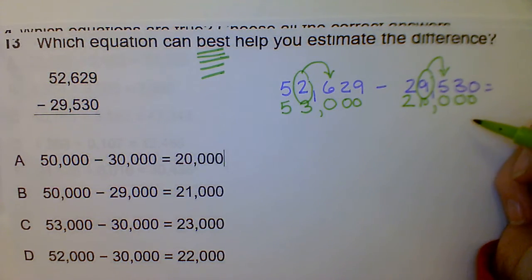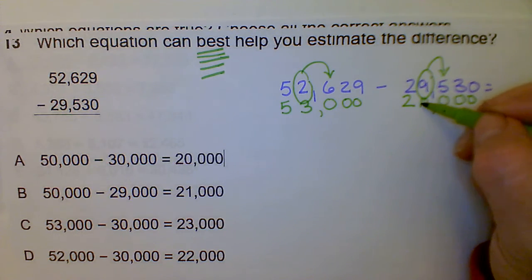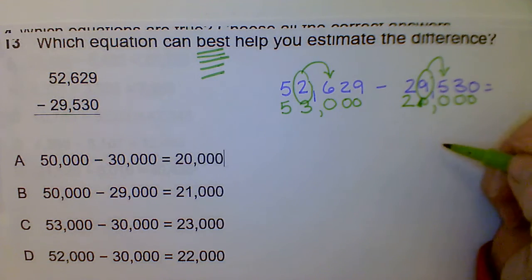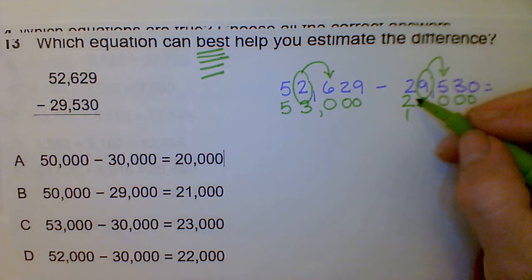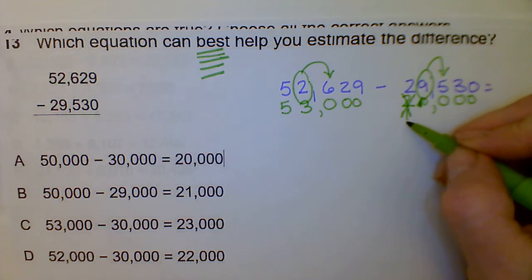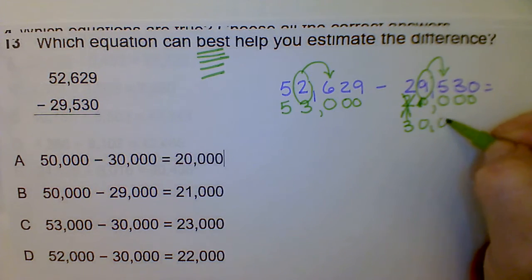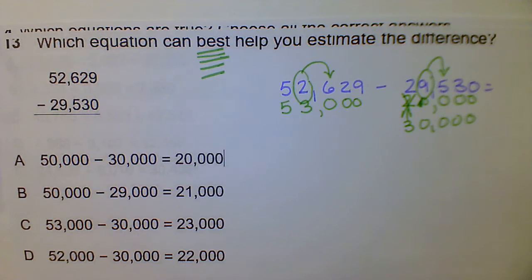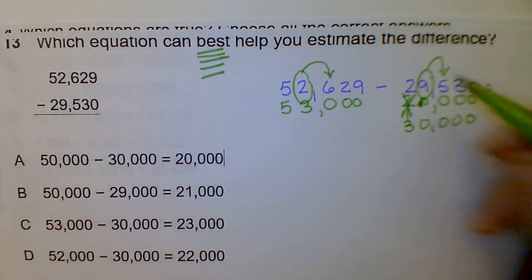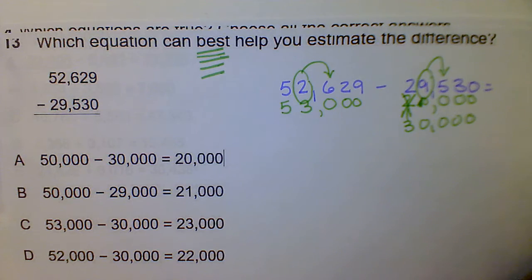That has to move over. If this were a place value chart, that 1 is going to go over here, but I already have a 2 over there. So what happens? Well, it becomes a 3. So this is going to be 30,000.